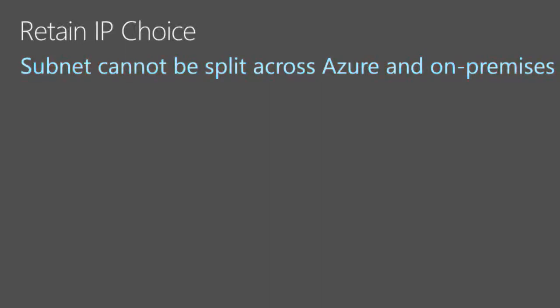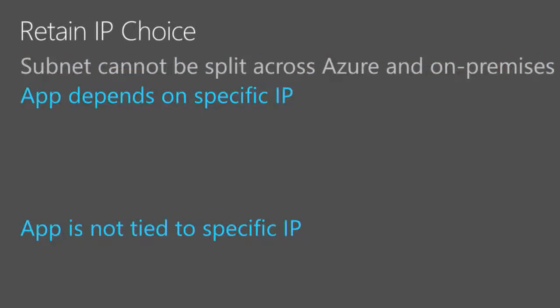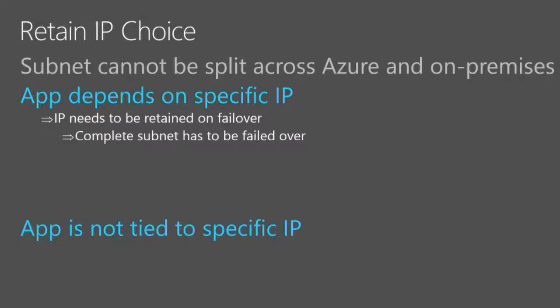Based on this, there are two choices. Either the app depends on the IP or the app is not tied to a specific IP. If the app actually depends on the IP, you of course want to retain the IP when you fail over. What that implies is, because a subnet cannot be stretched, you will have to fail over the complete subnet across.